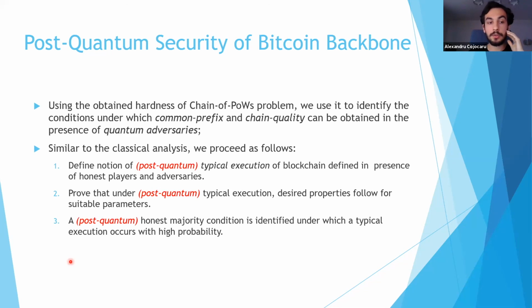First, we are going to define a notion of post-quantum typical execution, defined in the presence of honest players and a quantum adversary. Then we are going to prove that under post-quantum typical execution, the desired properties follow for suitably chosen parameters. Finally, we are going to determine a post-quantum honest majority condition under which a typical execution occurs with high probability.